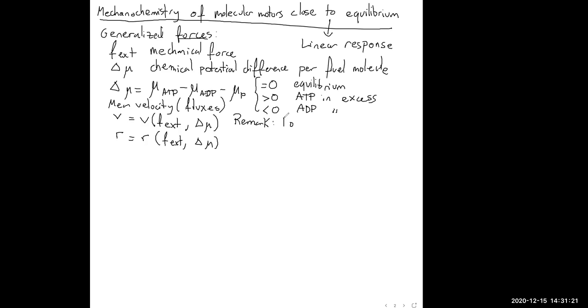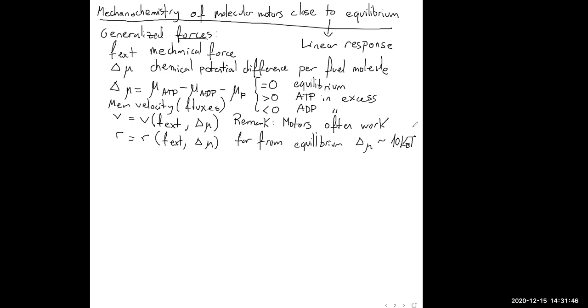Motors often work far from equilibrium, in which delta mu is of the order of 10 kBT or more.